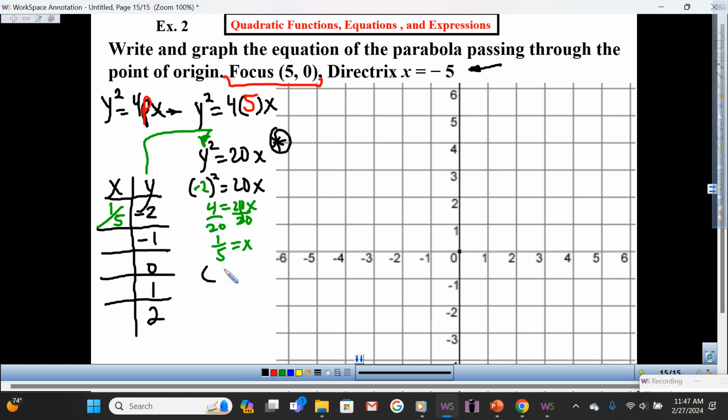Next, parentheses squared equals 20x. Next value is -1. Martin, 1 equals 20x. Divide by 20. So x equals 1/20th. The next one, of course, is 0, 0, because it's going through the point of origin.